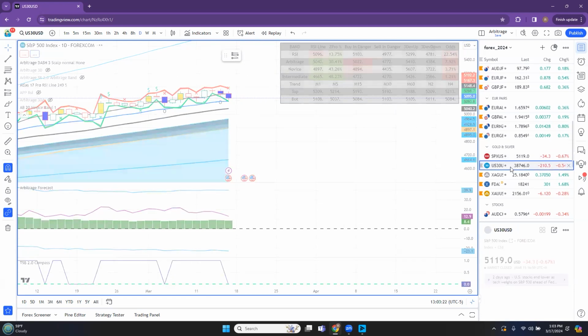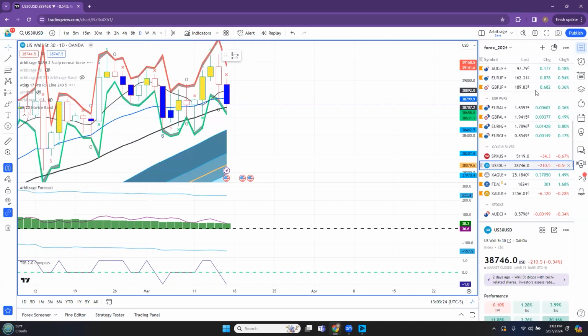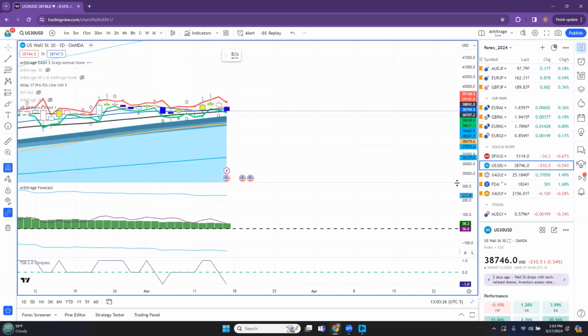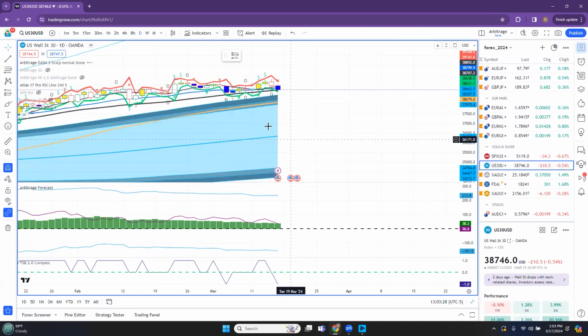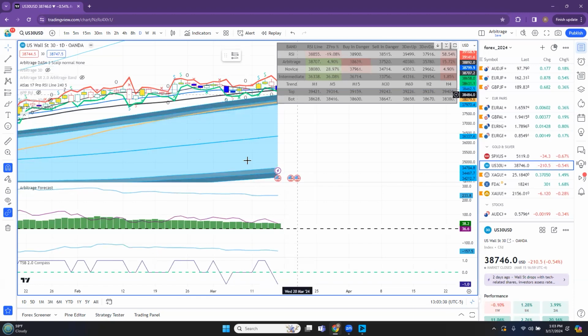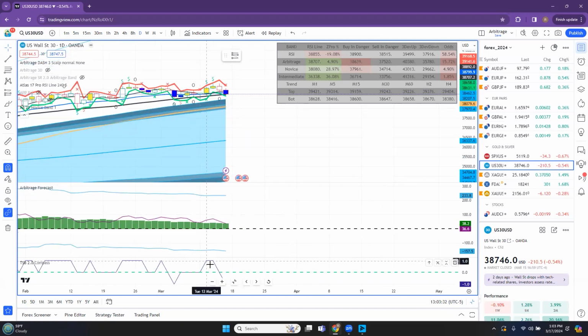Meanwhile, the US Dow 30, it's experiencing a little bit of the same. The Dow 30 is actually saying, hey, we're already going into a sell trend. We have the red X confirming it. And right now, it's currently only gaining about 38.2 points per day.